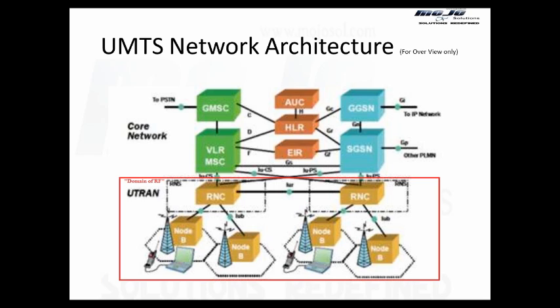In UMTS it is called Node B. In LTE it's called eNode B. There used to be an RNC in UMTS and a BSC in GSM, but in LTE there is no central controller in that sense, though there is still something called MME, which we'll look into.